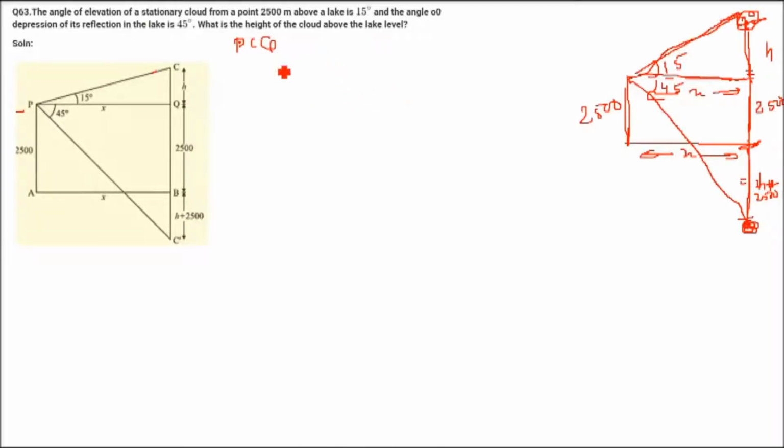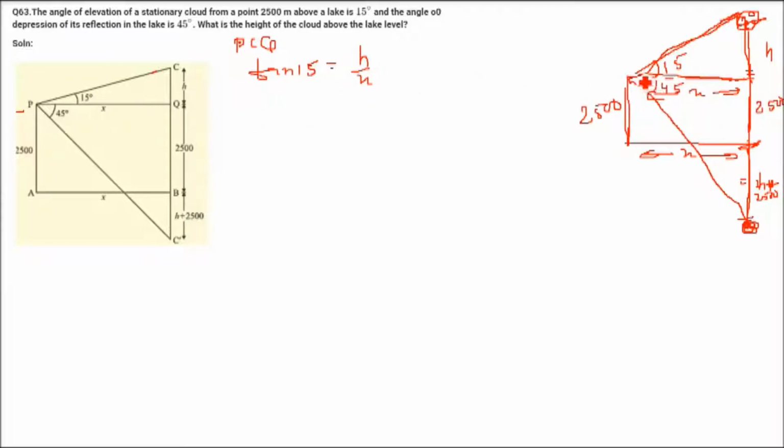We get tan 15 degrees equal to perpendicular by base, so h by x. I will take the actual values of tan 15 later, so let me go to the second one.